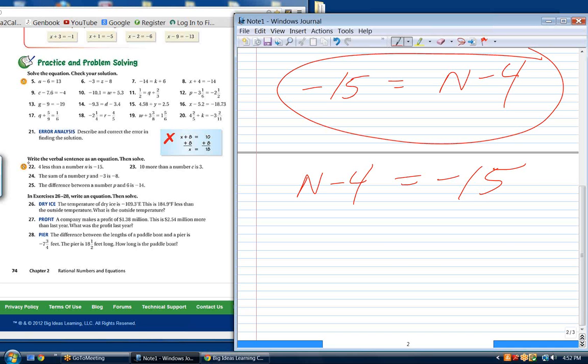And that's the way it's going to be for the next 4 or 5 years in math for you. So you want to get used to that. If a sentence starts out 4 less than a number, know that you always have to take the variable and subtract 4 from it. Okay, so what's the solution?